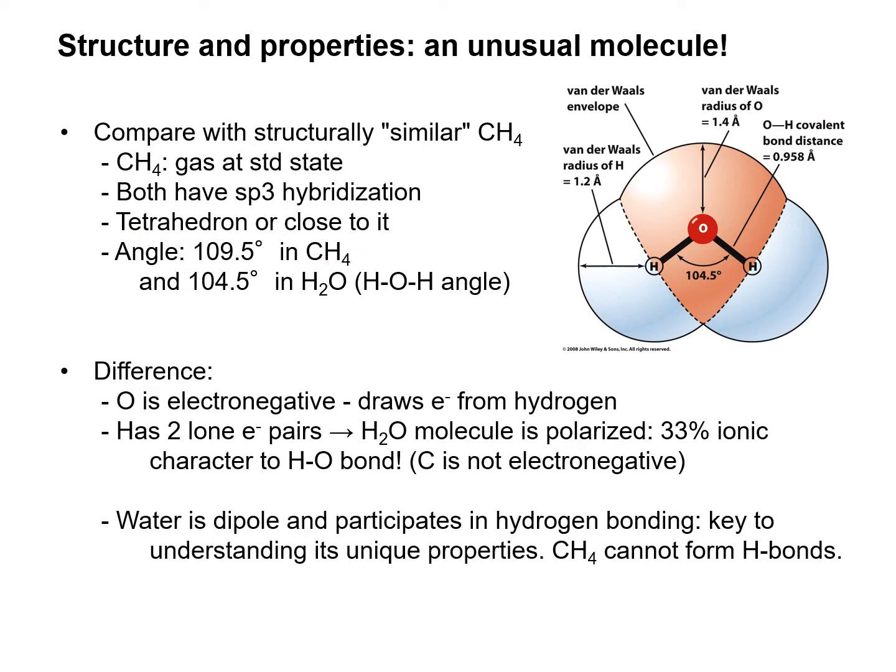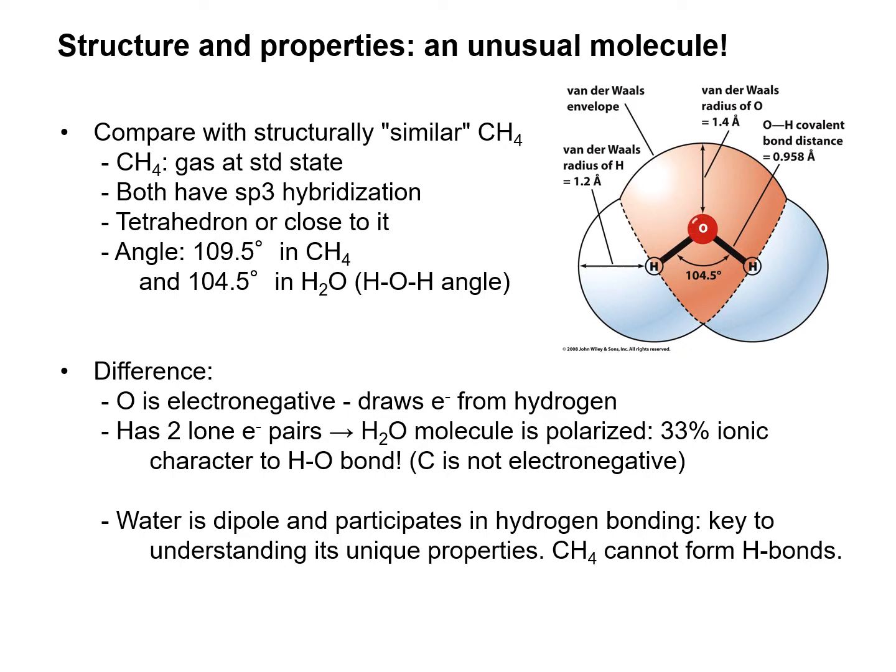In methane, it has the 109.5 degree tetrahedral structure, but the water molecule, especially the HOH angle, is slightly smaller at 104.5 degrees, because the two lone electron pairs push the bonds a little bit.